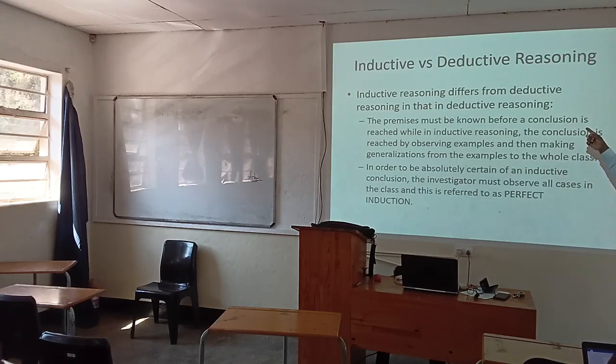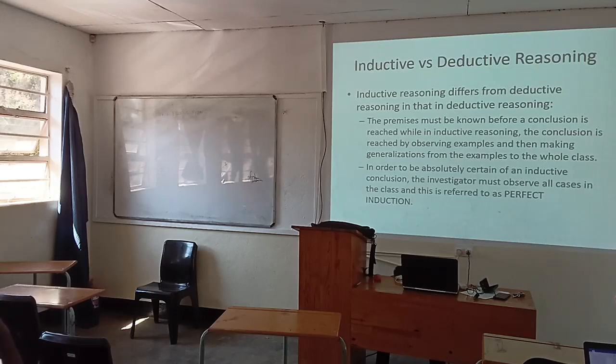So inductive reasoning differs from deductive reasoning because for inductive reasoning, the facts must be known before you can come up with a conclusion. The facts must be known because you have actually observed and nobody can challenge you.